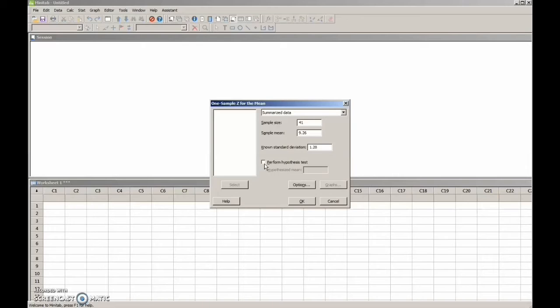After that, you're going to check Perform Hypothesis Test and type in 8.5 as your hypothesized mean, which is the population mean that we know as species A. And then click OK.